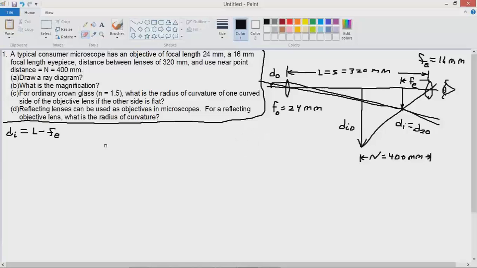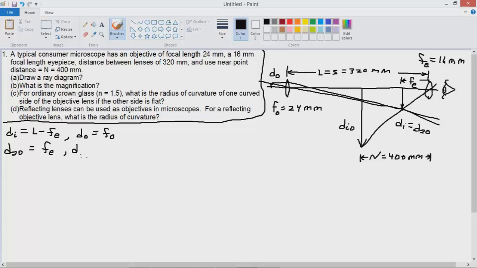I'm going to erase them now. Distance of the object is going to be equal to the focal length of the objective lens. D2O, the distance of the object for the second lens, is going to be the focal length of the eyepiece.